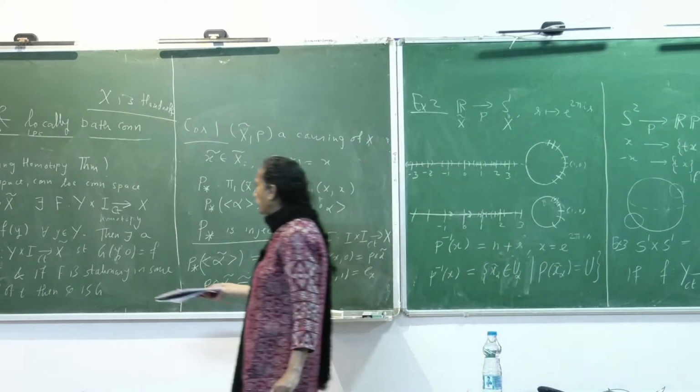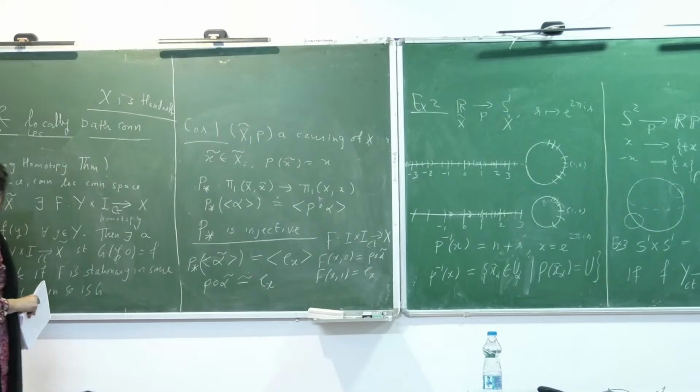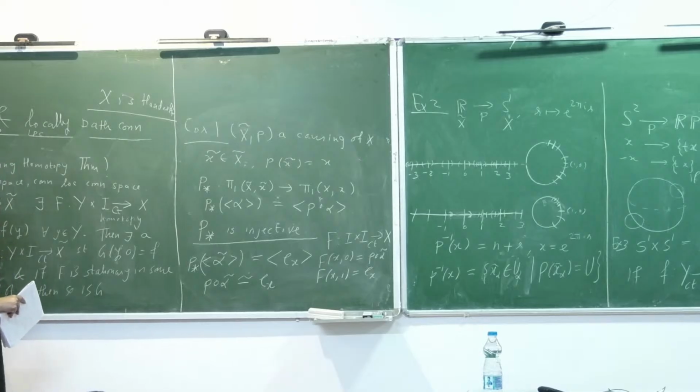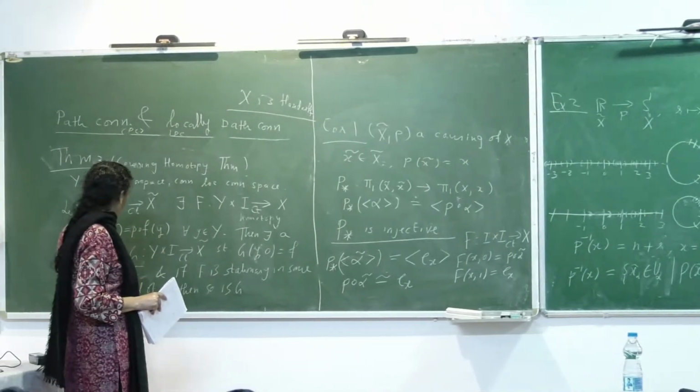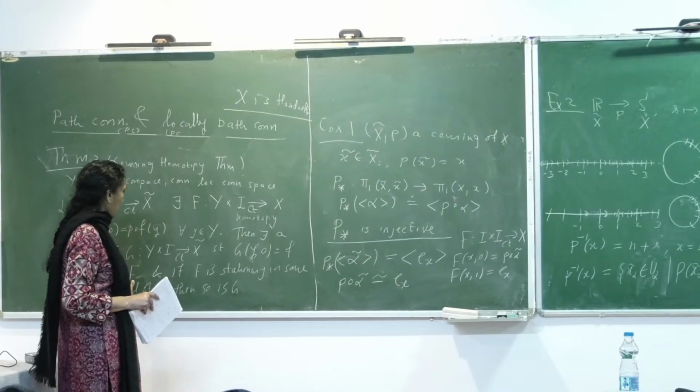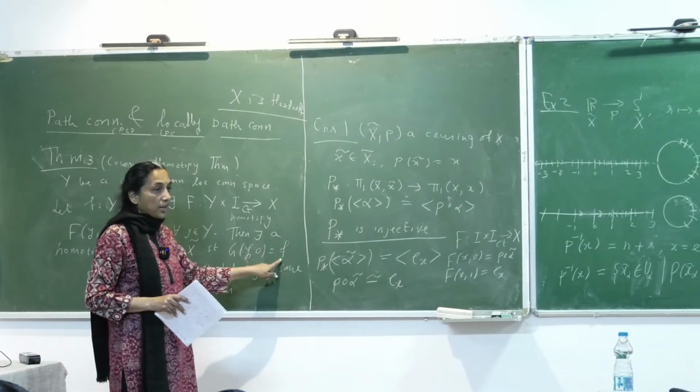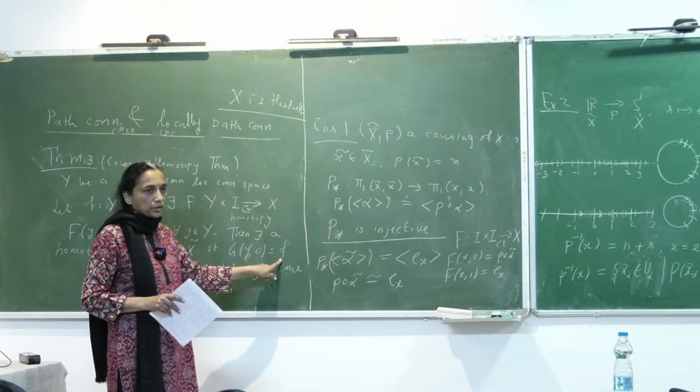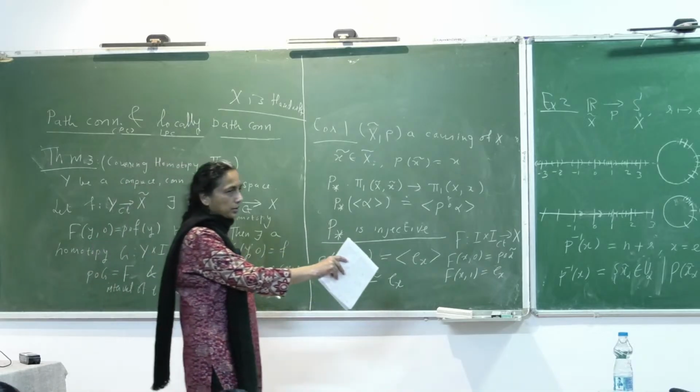Now look at here. You have a G here such that P composite G is F and G(y,0) is f, which is alpha tilde, okay.